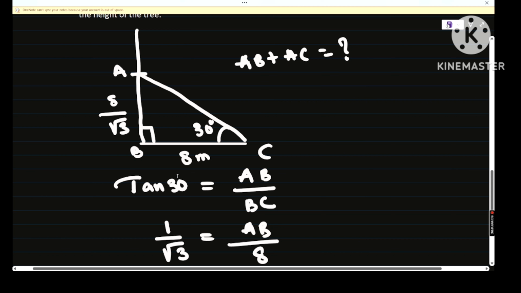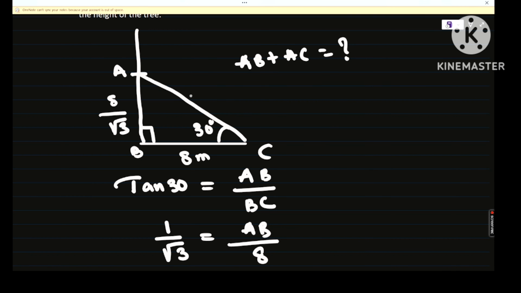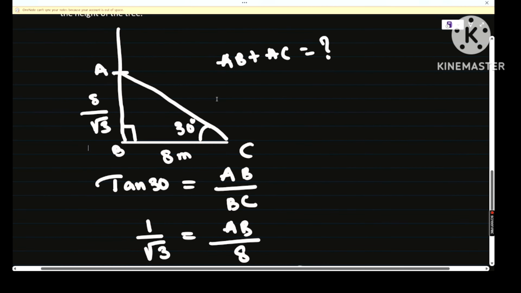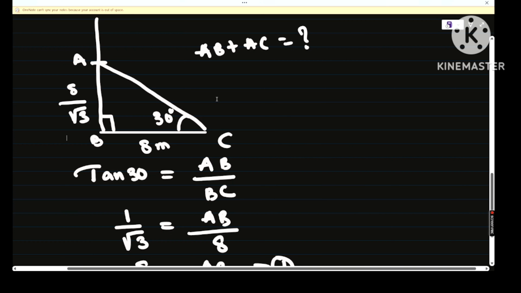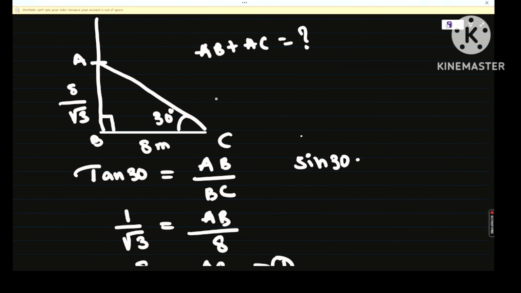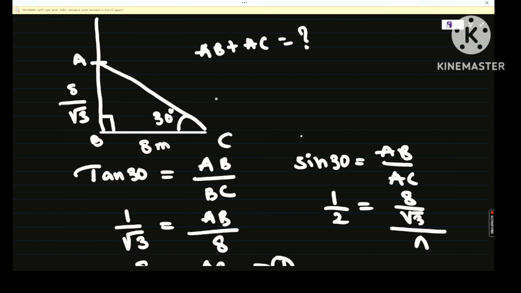Now, you can find the hypotenuse value using the Pythagoras theorem, or you can use the trigonometric ratios also. So here I'll use the trigonometric ratio of sine. Sine 30 is equal to opposite side by hypotenuse, AB by AC. Sine 30 is 1 by 2, which is equal to AB, which you just found out to be 8 by root 3, whole divided by AC. Just send AC to the other side and 2 to the RHS.